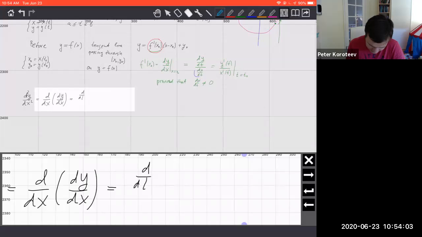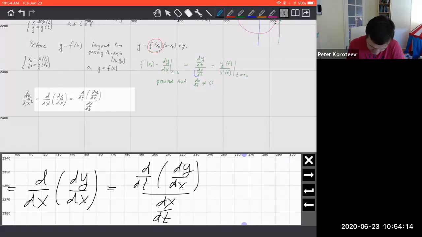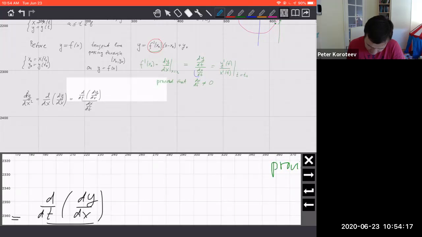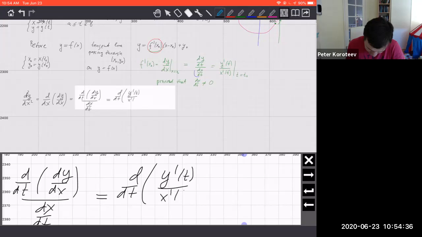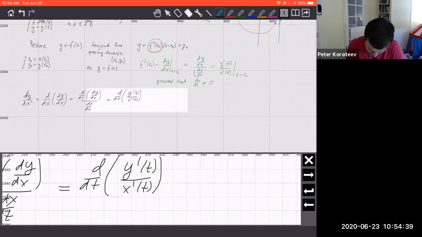So it's d over dt of dy over dx, divided by dx over dt. And you can substitute for dy over dx the formula that we already had. So let's write it in a bit more compact way: dy over dx is y prime of t divided by x prime of t, and then this divided by x prime of t.